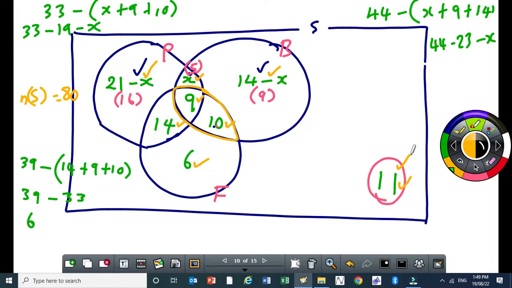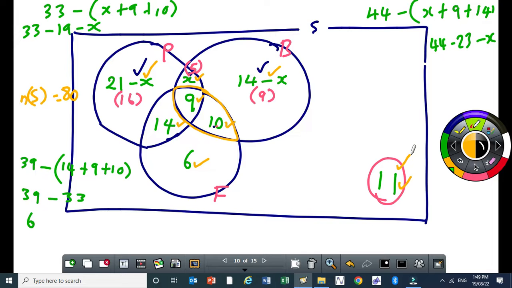Their total will be 80. But for you to get the correct answer, you must have done the Venn diagram correctly. Being aware that in probability, we don't get negative answers, X can never be negative.